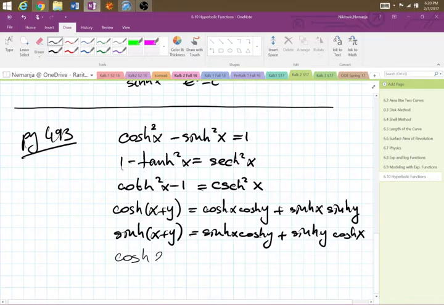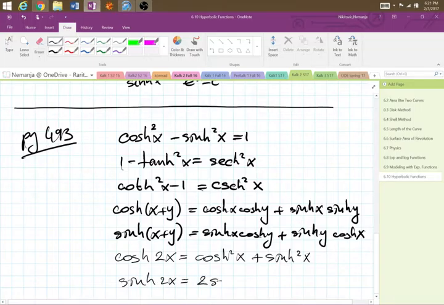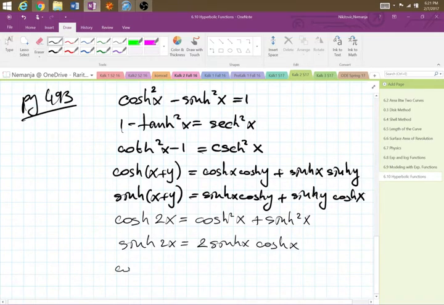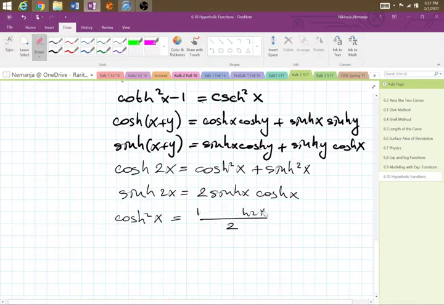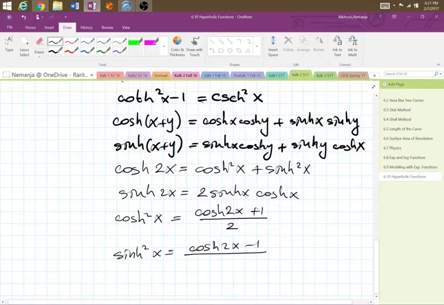Cosine hyperbolic of 2x is cosine hyperbolic squared x plus sine hyperbolic squared x, and sine hyperbolic 2x is 2 sine hyperbolic x cosine hyperbolic x, and the power reducing cosine hyperbolic squared x is cosine hyperbolic 2x plus 1 over 2, and the sine reduction formula, hyperbolic, is cosine hyperbolic 2x minus 1 over 2.